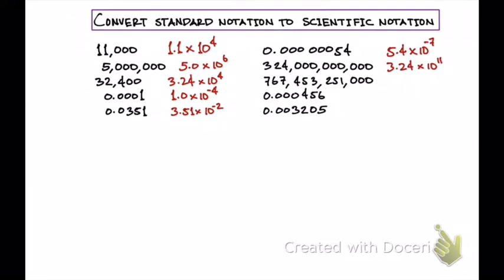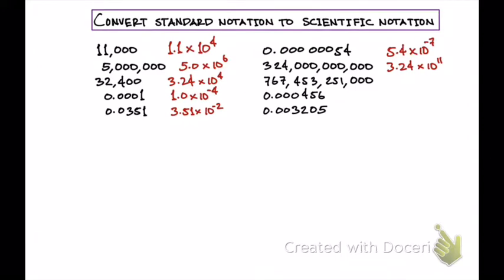All right, and the next one here is 767,453,251,000. So in order to convert this to scientific notation, your coefficient is going to be 7.67453251.